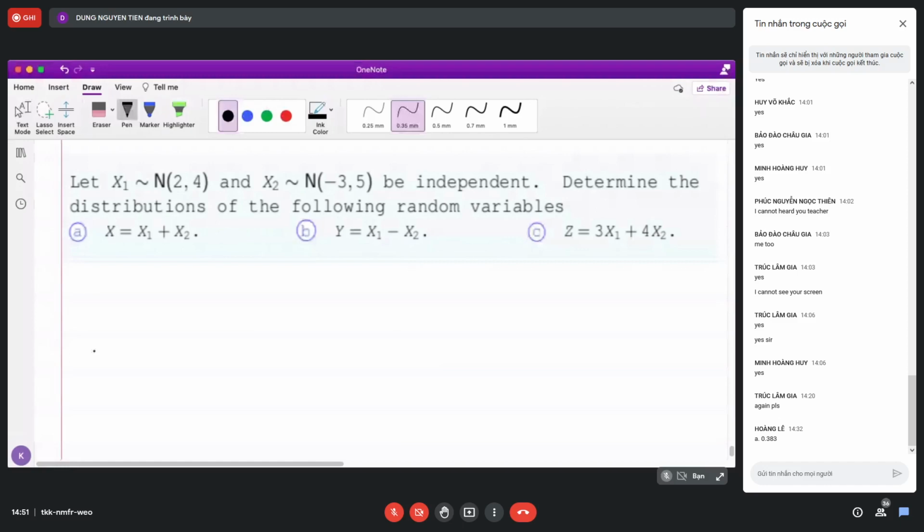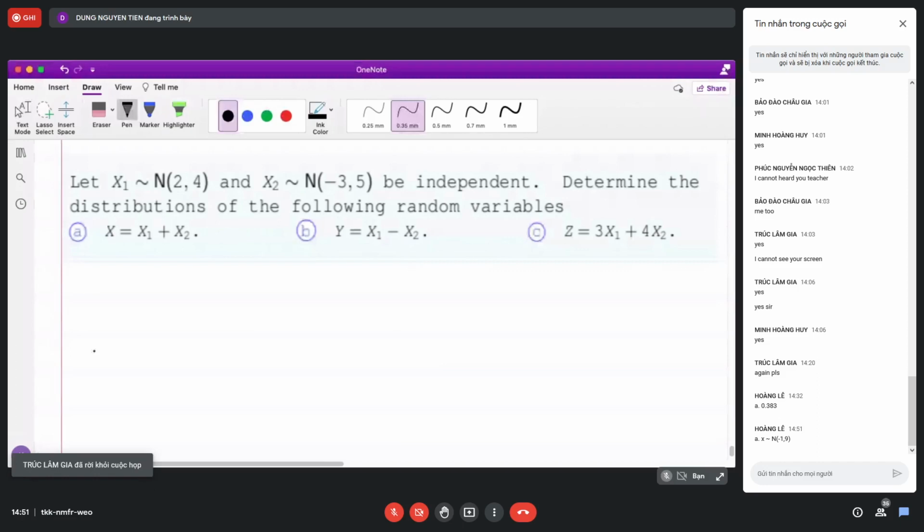Okay, and that is 4 plus 5, and you get 9. All right, so the distribution of X is a normal distribution with the mean minus 1. The variance is 9.